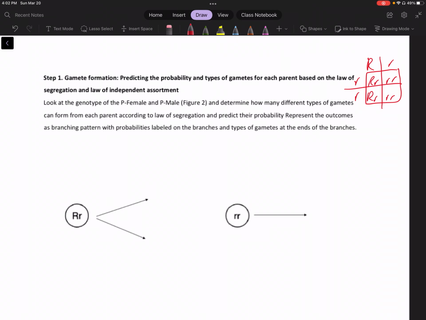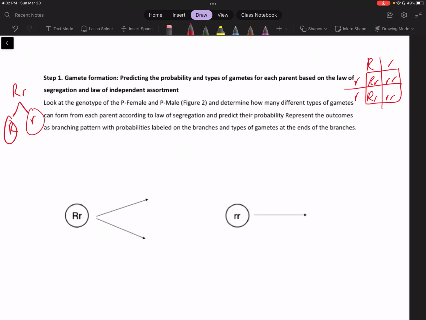What this means is that there is a random chance that these two alleles are going to separate like this, so that the one on the left is always going to be dominant, the one on the right is always going to be recessive. These alleles are going to separate from each other, and they're not going to be inherited together. It's only going to be one or the other.